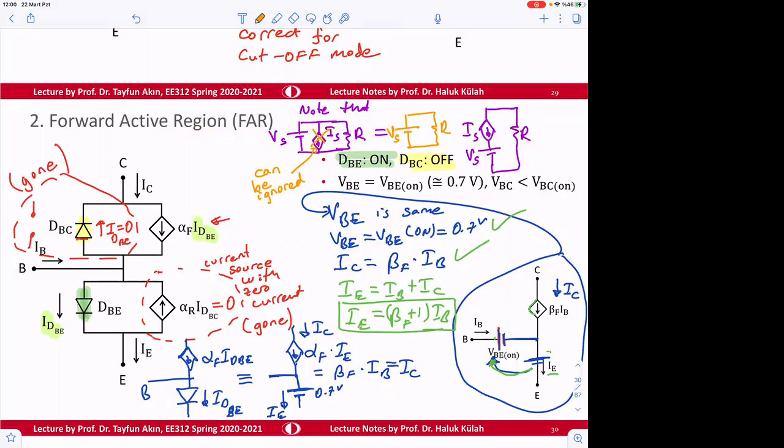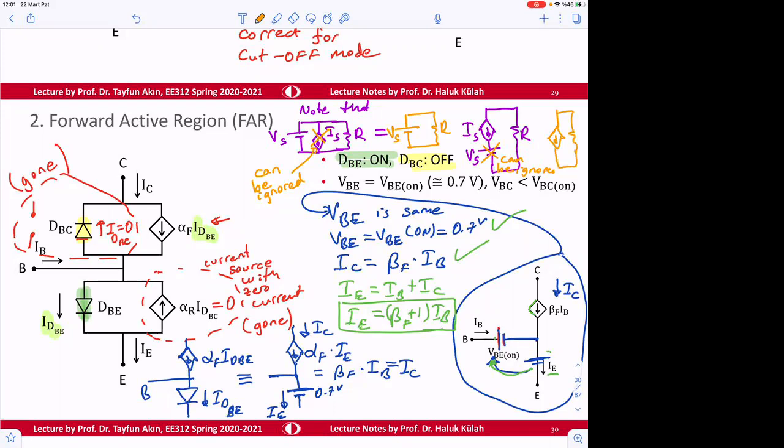Which one determines the current through the resistor? Current source. So then it doesn't matter here, can be ignored. Therefore, this is going to be a current source or resistor.